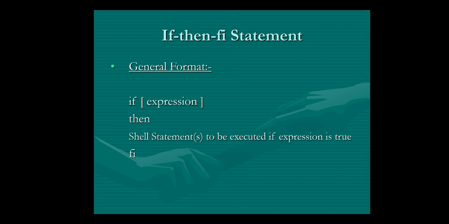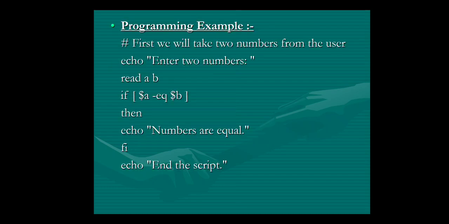For better understanding, let us take a programming example. Here we will take two numbers from the user and check whether the numbers are equal using an if statement. In the first line we display the message for taking two numbers through the echo command, and in the second line we take two numbers as input through the read command.